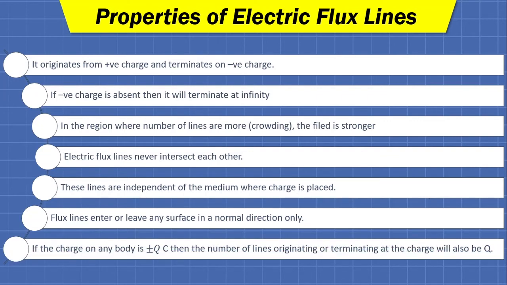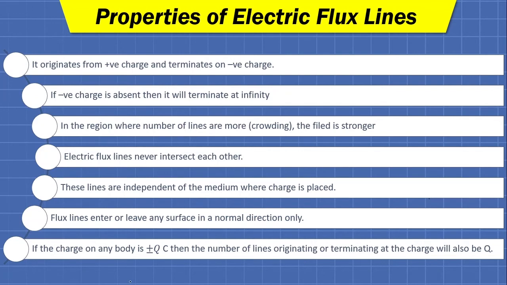If the charge on any body is plus or minus q coulomb, then the number of lines originating or terminating at the charge will be q. So this last statement defines how to calculate electric flux.